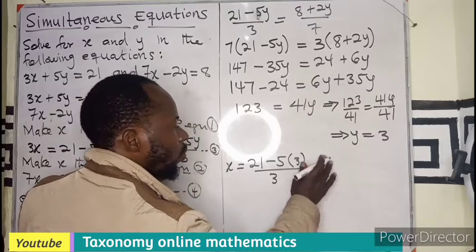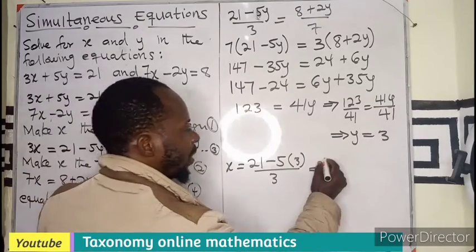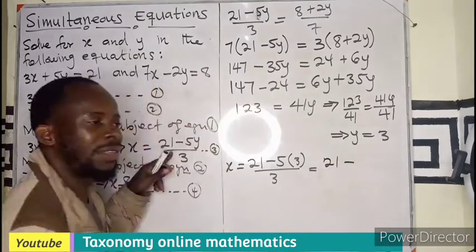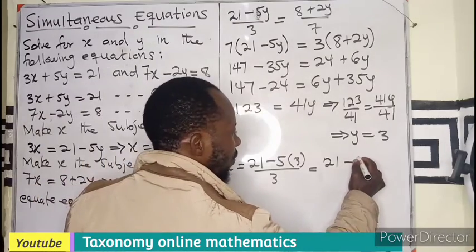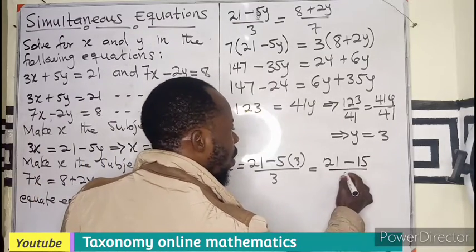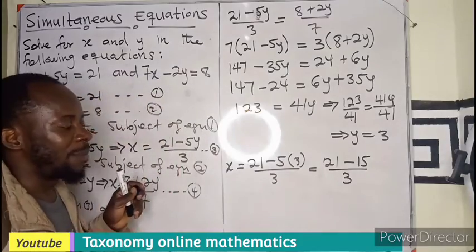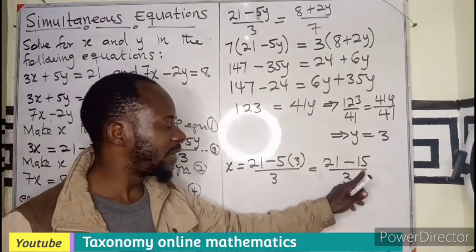So I'll be having 21 minus 3 times 5, which is 15, all over 3.